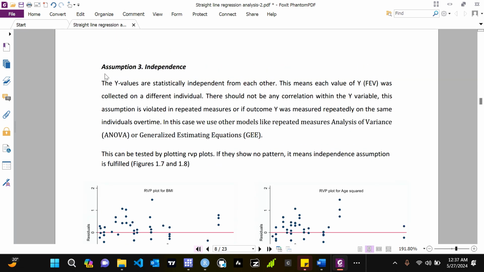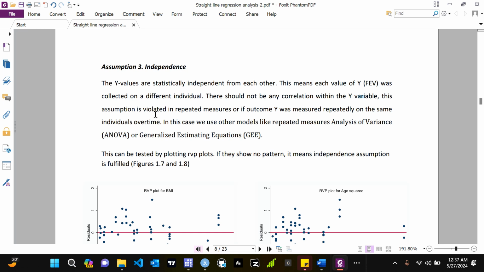So let's look at a third assumption called independence. With this assumption, the y values are statistically independent from each other. So the outcomes are independent from each other. This means that each value of y, for example FEV in this example, was collected on a different individual, so there should not be any correlation within the y variable.